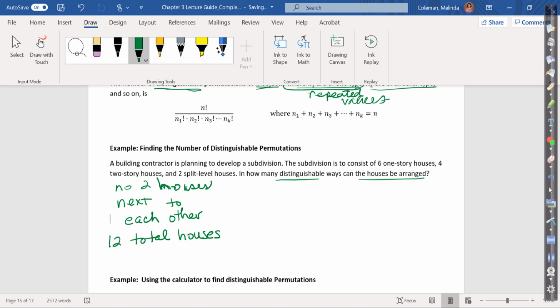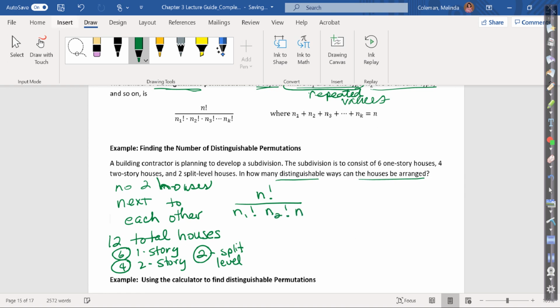So we're going to have n factorial over each one of these house types. There are 6 one-story, 4 two-story and 2 split-level. So these are the 3 distinguishable types of houses. That's going to be n1 factorial, n2 factorial, and n3 factorial.